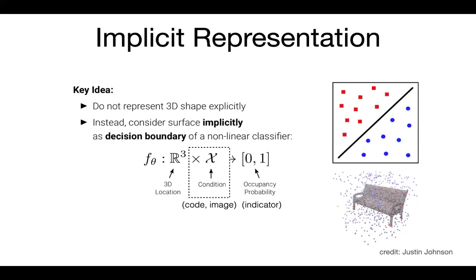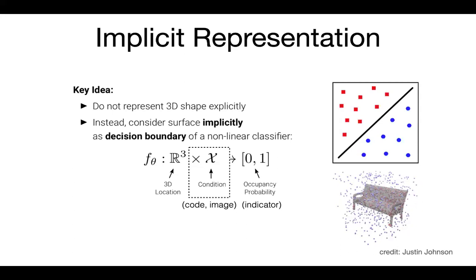And so what we want to do is give points that are inside, give points that are outside, and it's going to learn a classifier that distinguishes inside from outside. And the neural network itself is going to be an indicator function because it's going to give a 0 if it's not occupied, and 1 if it's occupied. And the input is a 3D location.